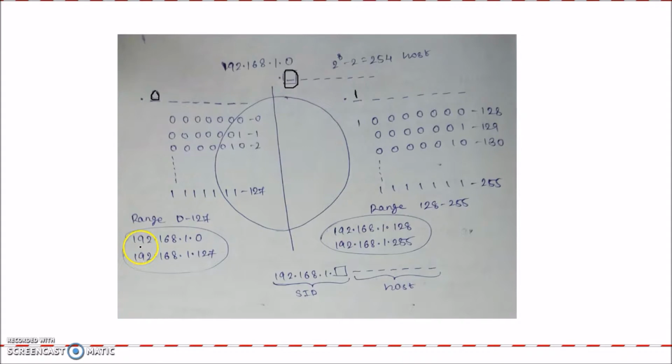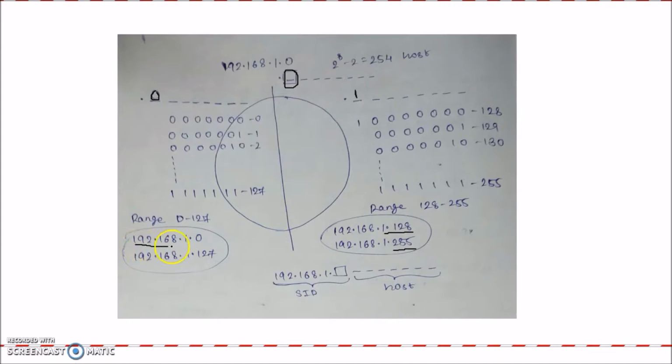Therefore, the range of the hosts is 192.168.1.0 to 192.168.1.127. Whereas for the part starting with 1, we start with 192.168.1.128 and end with 192.168.1.255.